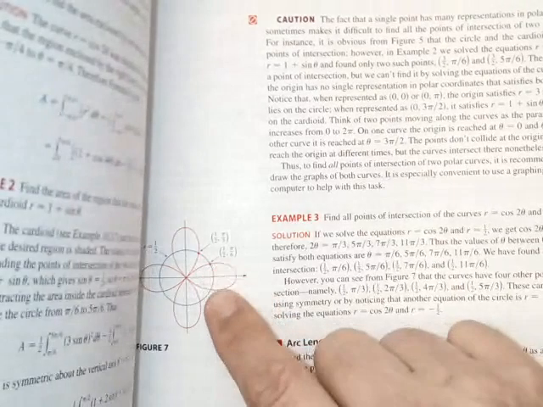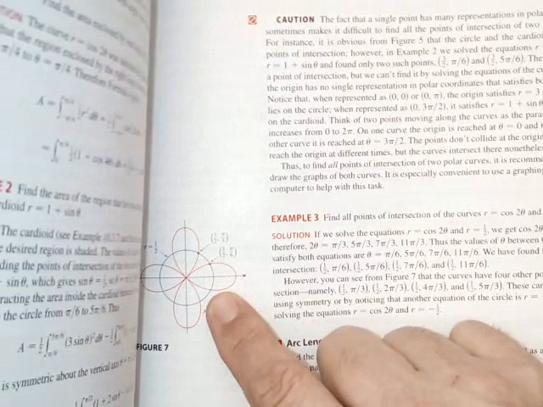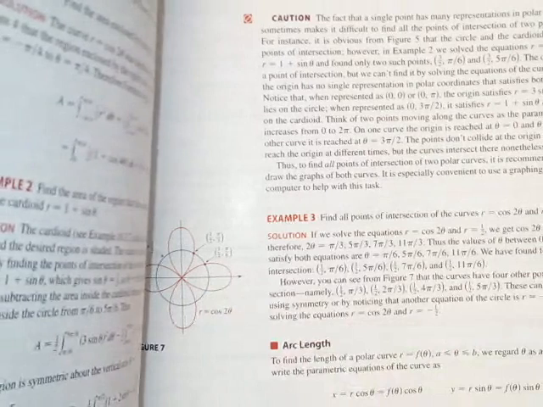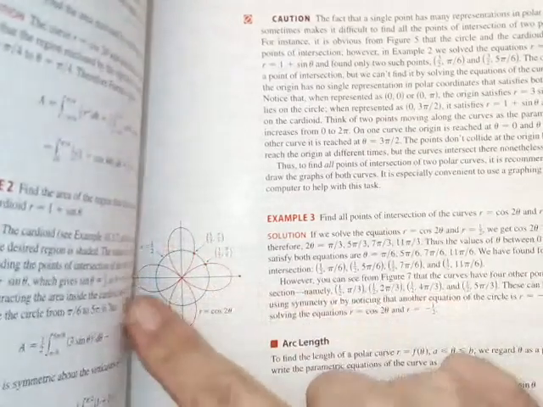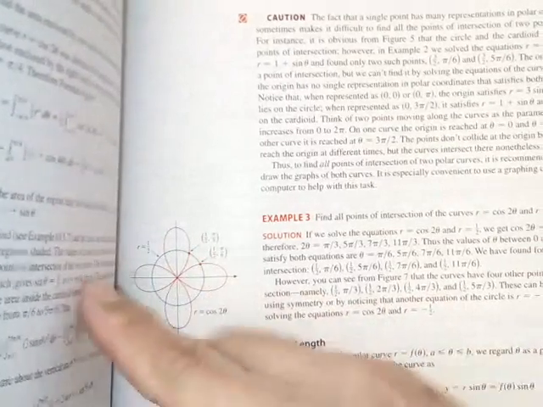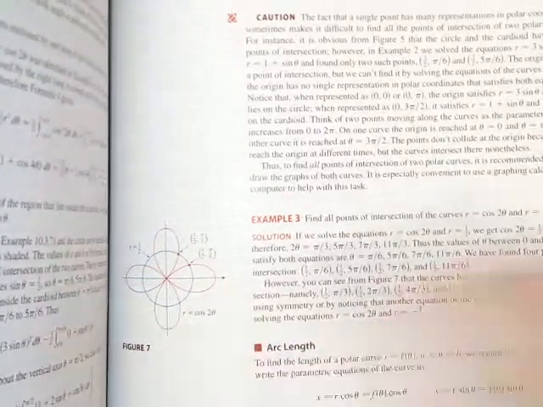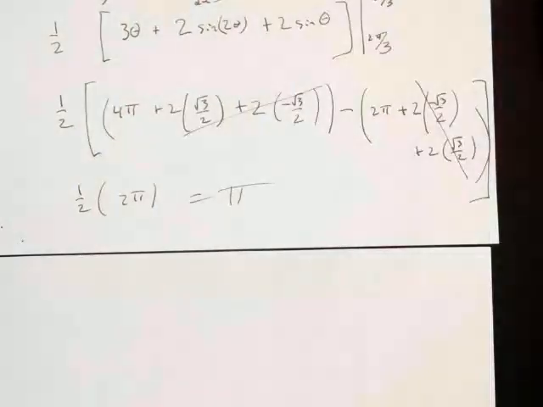I'd get positive pi over 6, negative pi over 6. So I'm solving cosine equals a number. But I have to add all the multiples of 2 pi to find all the other possible intersections that I wouldn't have known existed if I hadn't seen what the picture looked like. So I think it's always important to draw the picture, look for the intersections, and then find out mathematically, are they intersections? Questions?